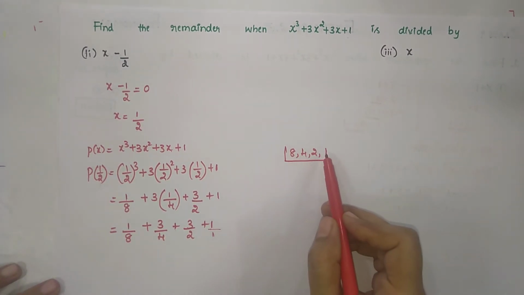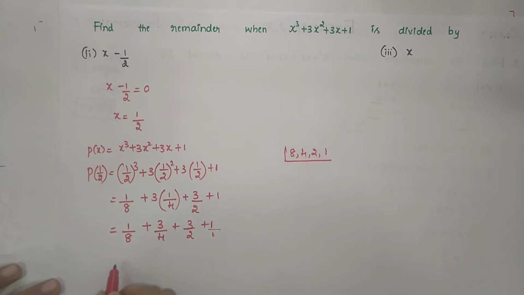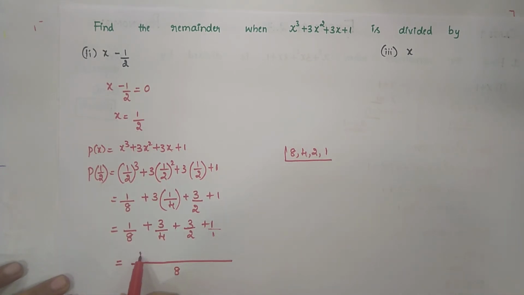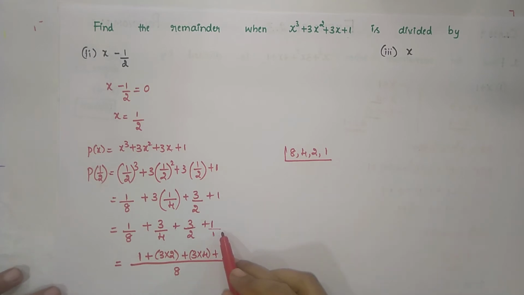So the LCM of 1, 2, 4 and 8 is 8. 1 into 8 is 8, so it is 1 itself. Then 3 into 2 for 3 by 4, 3 should be multiplied with 4 for 3 by 2, and 1 should be multiplied with 8.